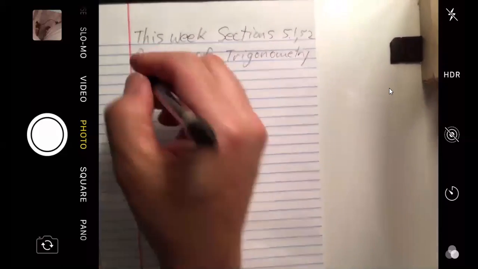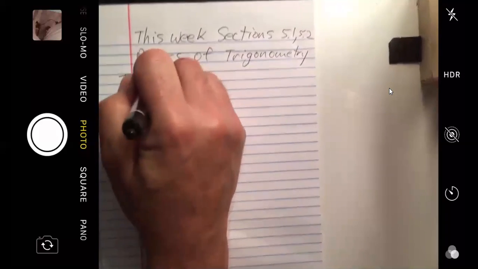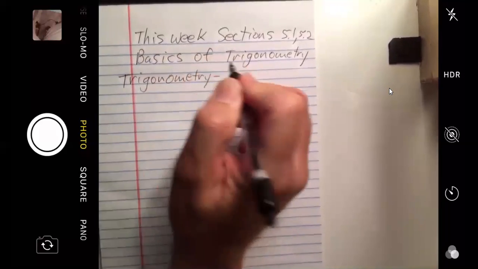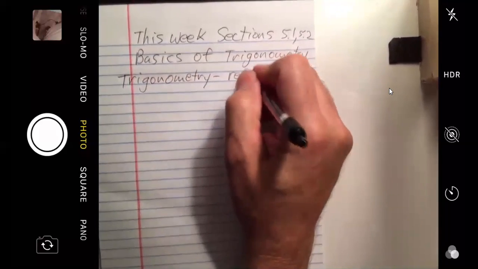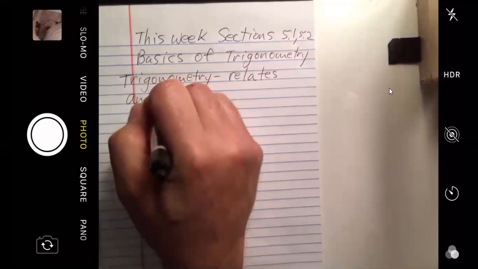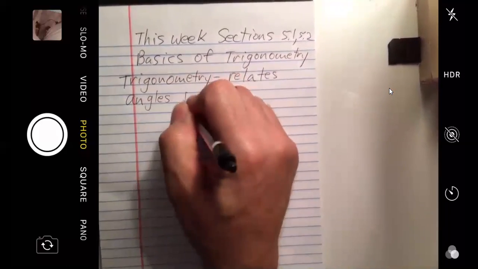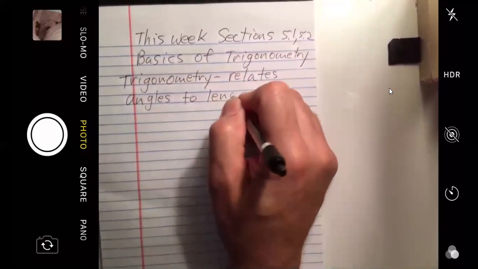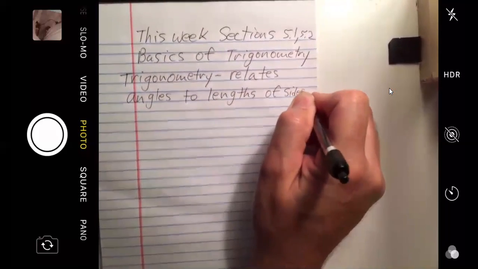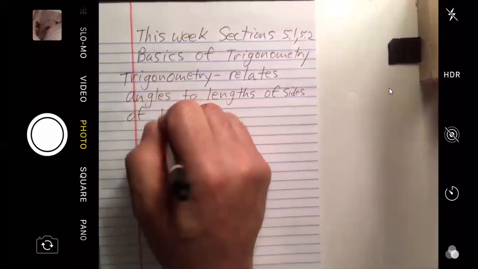And if you want a single definition of trigonometry, it relates angles to lengths of sides of triangles.